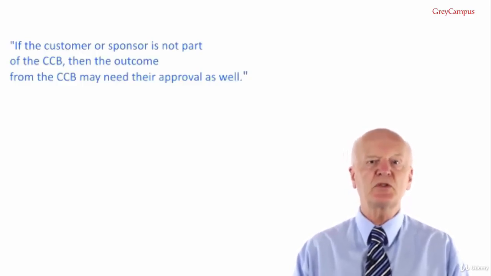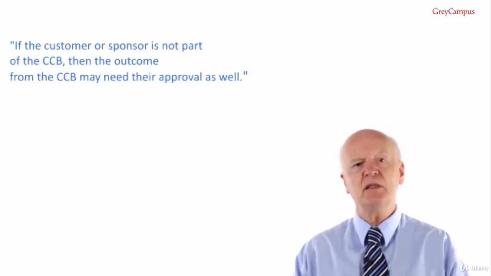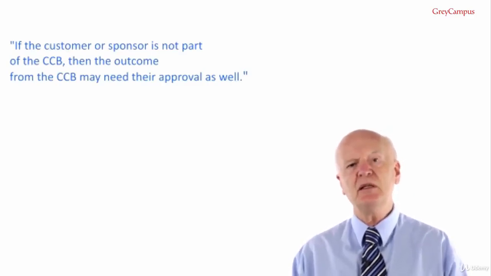A CCB is a formally chartered group, which means it will have terms of reference, a set of policies and procedures, and the group is responsible for reviewing, evaluating, approving, deferring or rejecting changes to the project and for recording and communicating the outcome of the change request. If the customer or sponsor is not part of the CCB, then the outcome from the CCB may need their approval as well, and that's another important point for the examination.